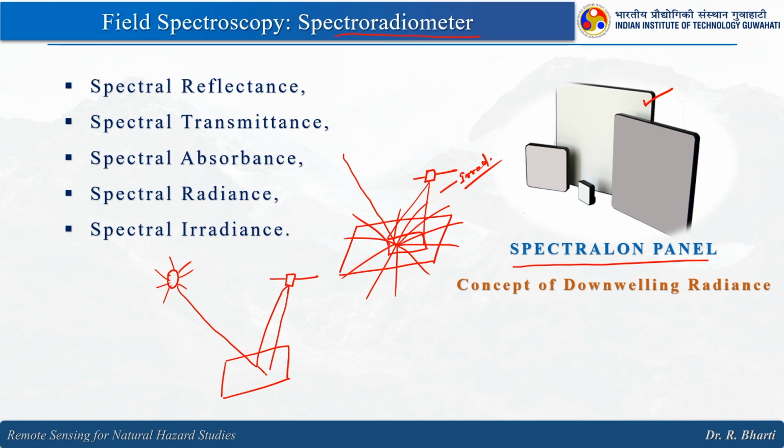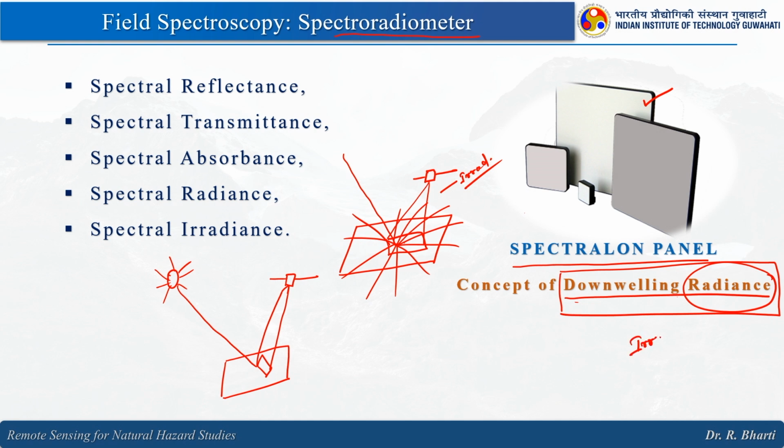This is called downwelling radiance. This is also a radiance, but downwelling radiance. Actually, when we refer to downwelling radiance, this is your irradiance. So, downwelling radiance is your irradiance.